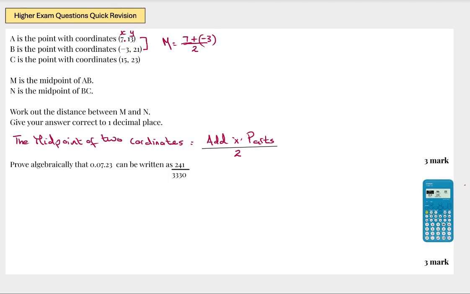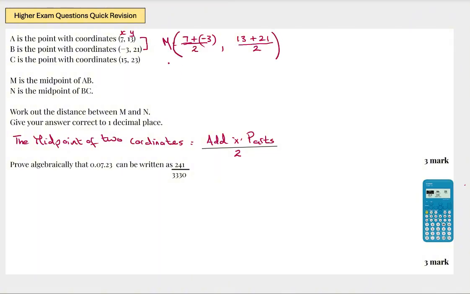So that's 7 plus my minus 3 divided by 2. And the other one is going to be 13 plus 21 divided by 2.